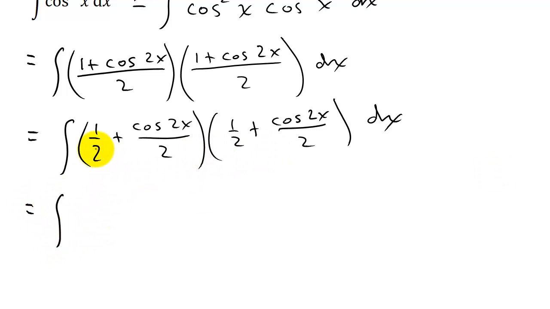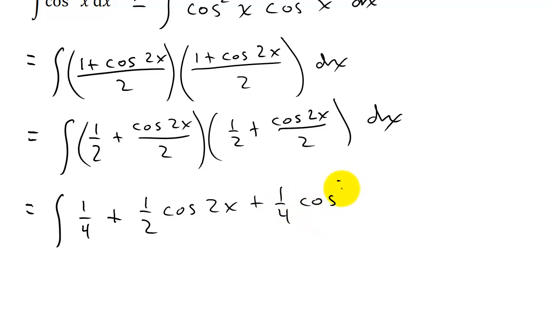So I get 1/2 times 1/2 is going to give me 1/4, and then 1/2 times cosine 2x is going to give me cosine 2x over 4. This is also going to give me cosine 2x over 4, so 1/4 plus 1/4 is 2 over 4, so that's going to be 1/2 cosine 2x plus 1/4 cosine squared 2x dx.